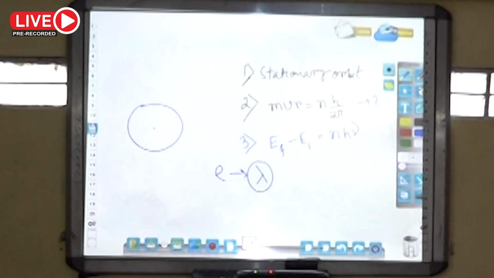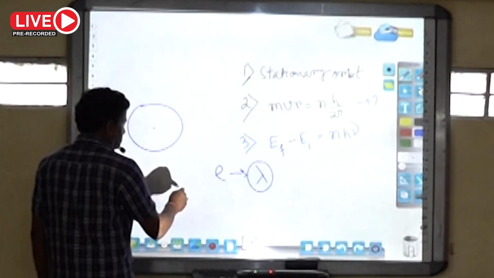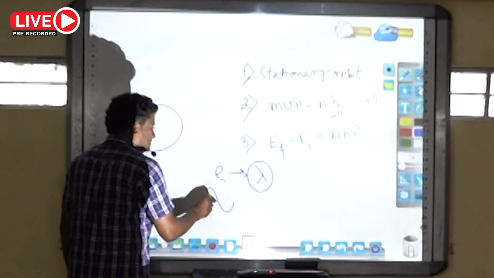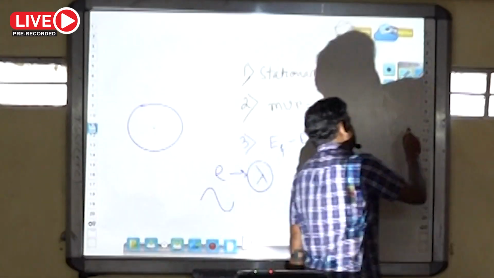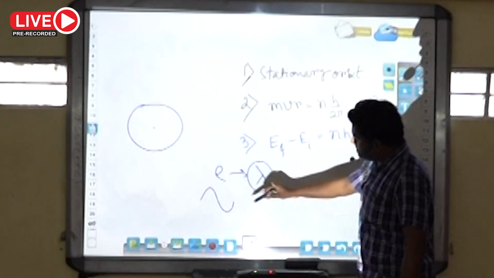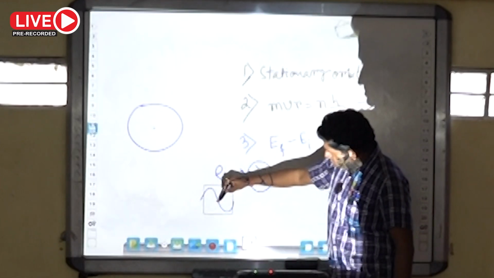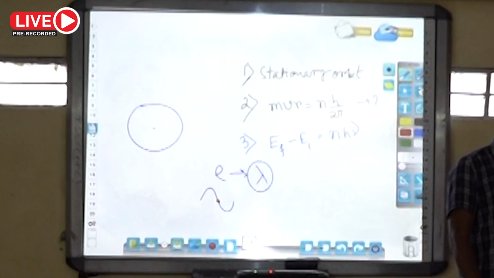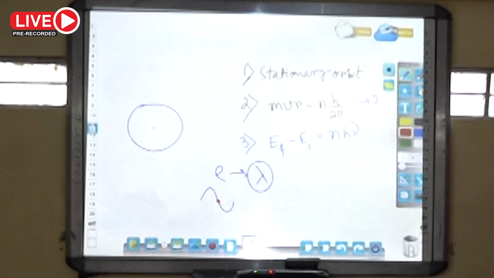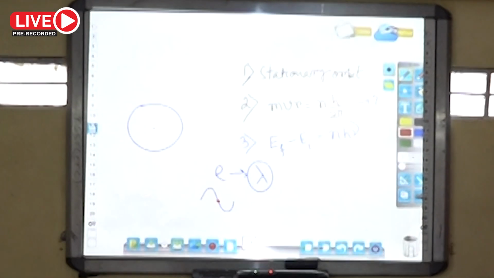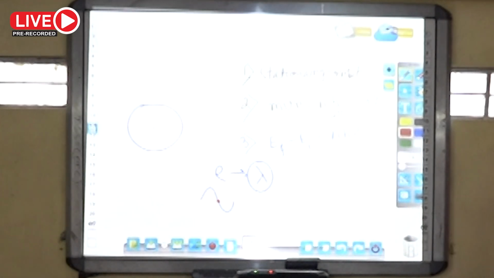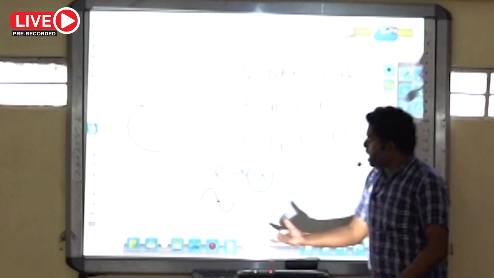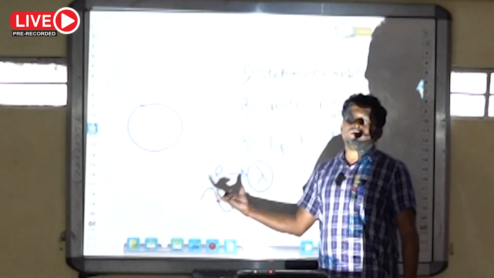So for a single electron, how to represent the de Broglie wave? This is the entire wave, and say this is the electron. This is the entire wave, meaning a complete wave having length lambda, that is the wavelength. Now, how much length will this wave occupy?